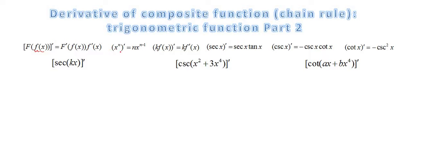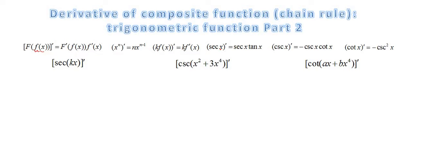The second one is the power rule. The derivative of x to the power n is n times x to the power n minus 1. The third one is the constant multiple property, or constant multiple rule. The derivative of a constant times a function f(x) is the constant times the derivative of the function. We keep the constant the same.